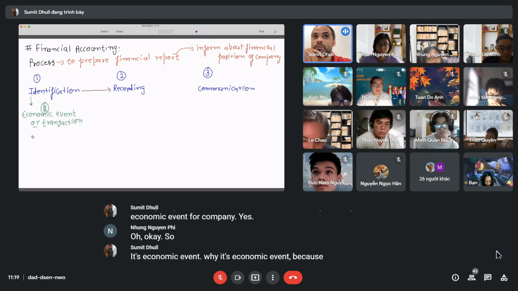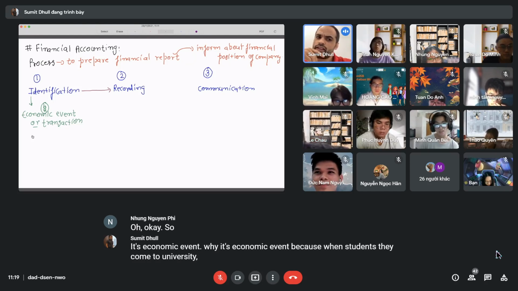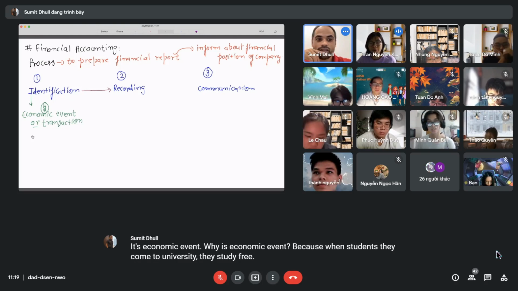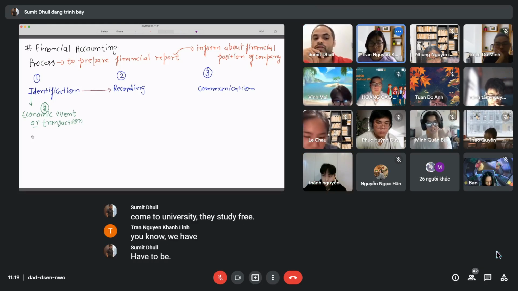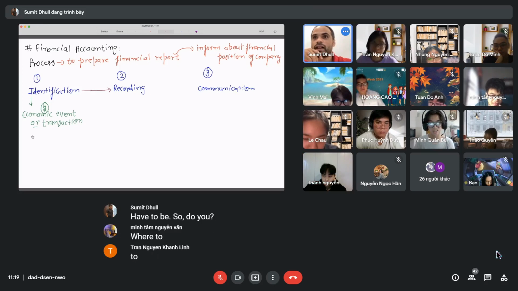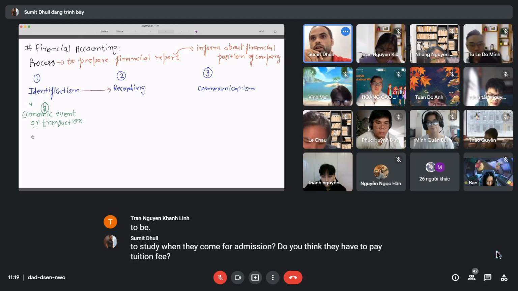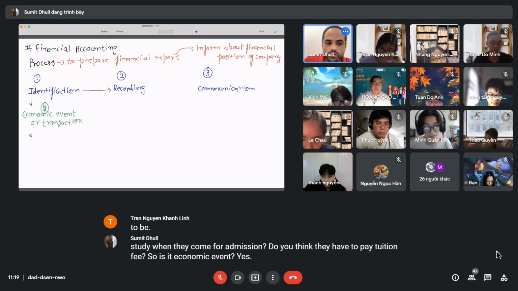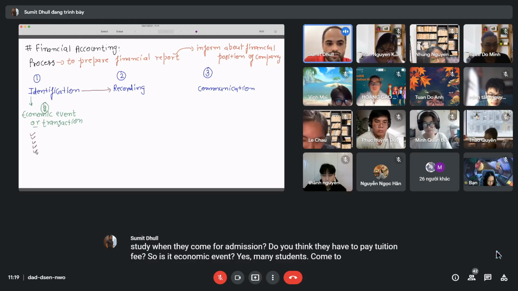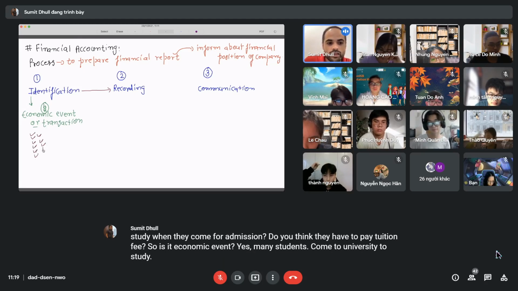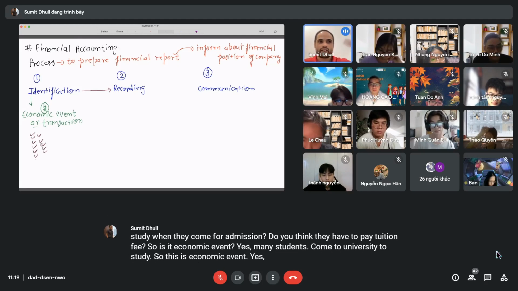Because when students come to university, do they study free? No. We have to pay. So do you think they have to pay tuition fees when they come for admission to study? So is it an economic event? Yes. Many students come to university to study. So this is an economic event? Yes, we have an economic event.